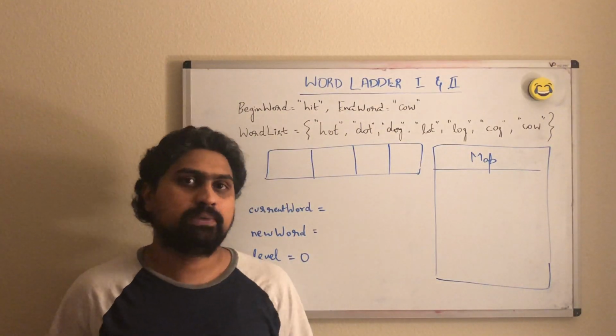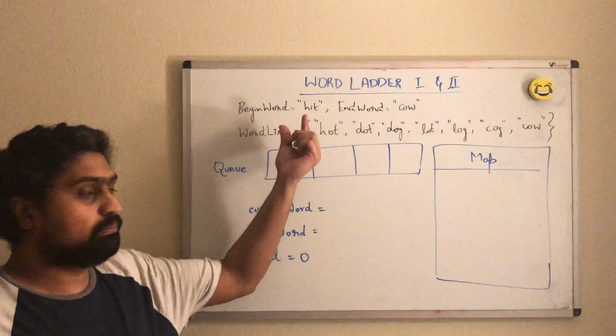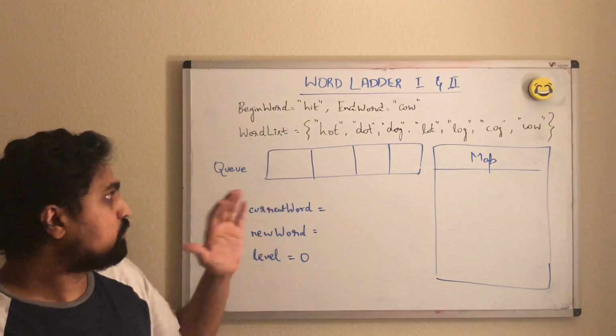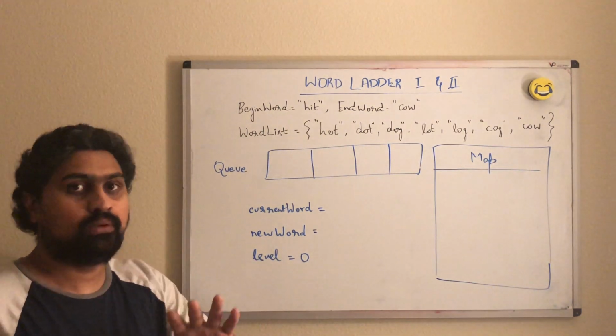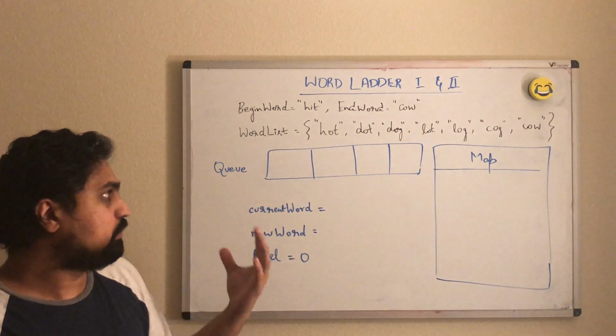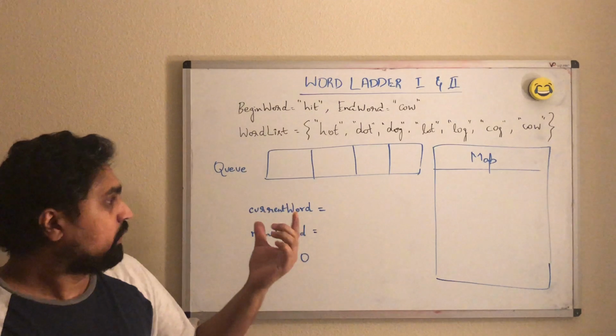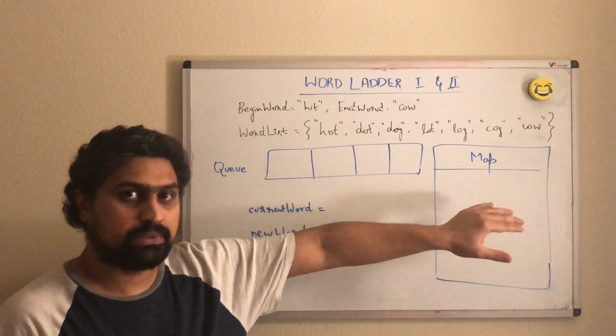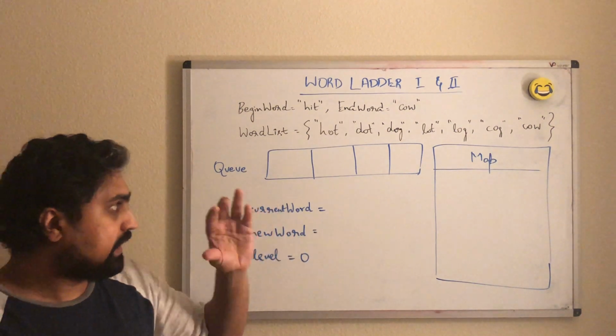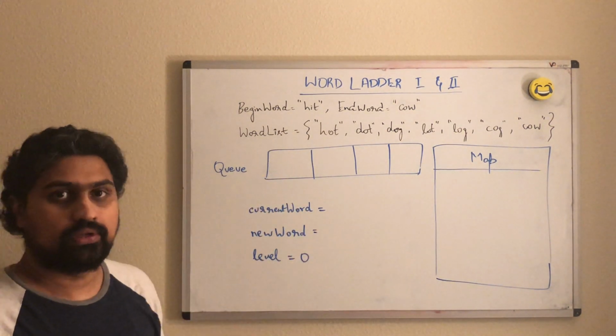Okay, now the idea is pretty simple. We initially offer the begin word to the queue and start processing the words in the queue level by level. So at level 0 there is only one word, that is the begin word. So we take that word out and start transforming it. Now whenever we find a valid transformation, we shall record it in this hash map and also add the transformed word back to the queue.